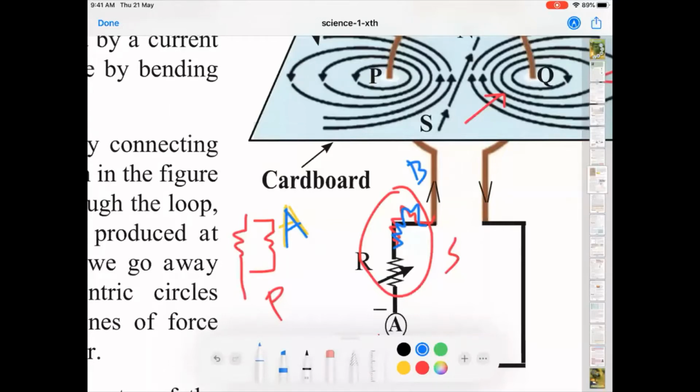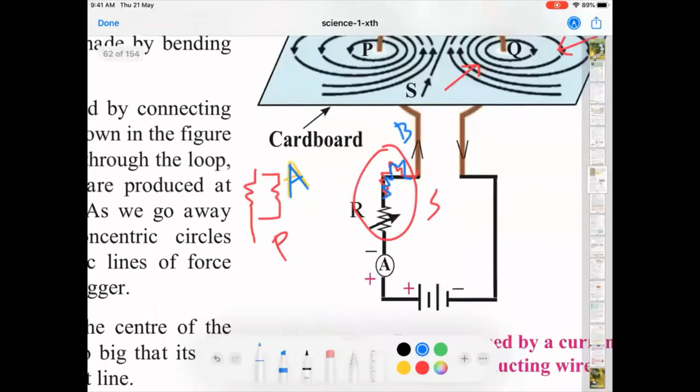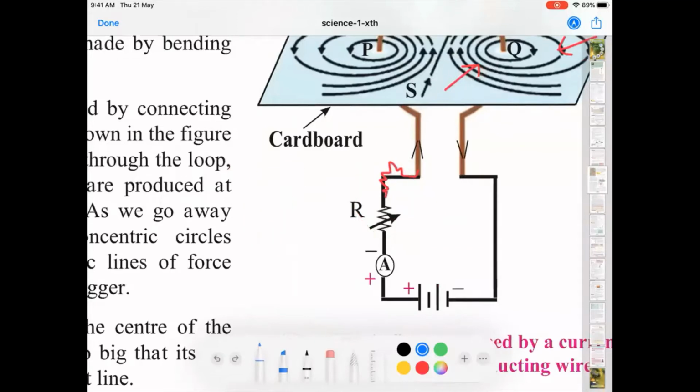Looking at how modified the question was, it became very difficult for many children because they never saw such a diagram, where the same diagram was modified and 9th standard content was added to it. So just have a look at this for 10 seconds or so, and then we will go to the next topic.